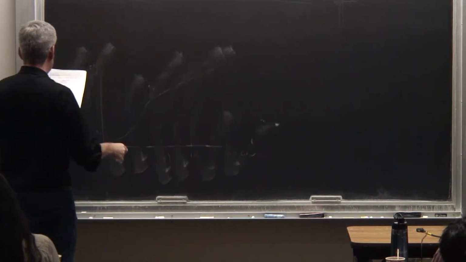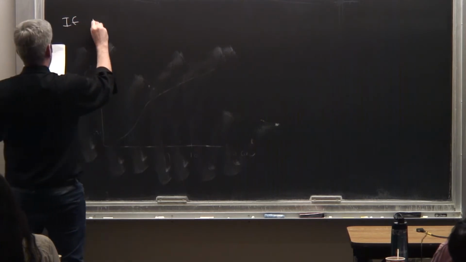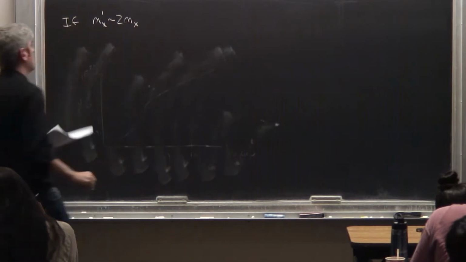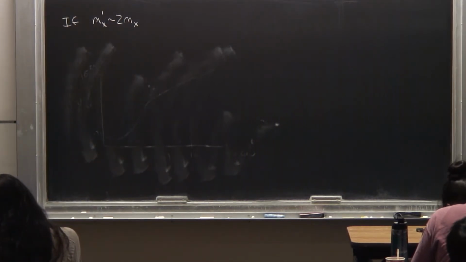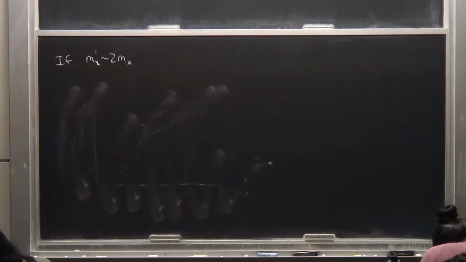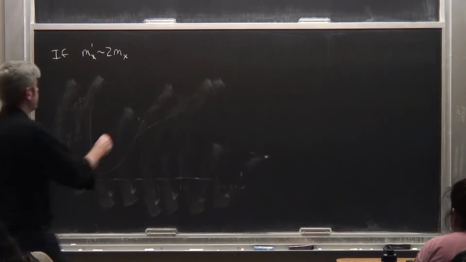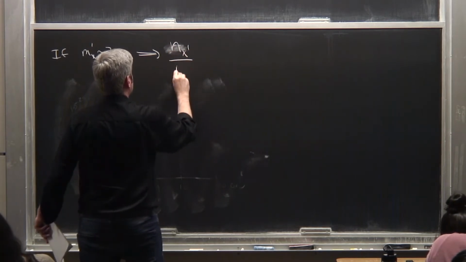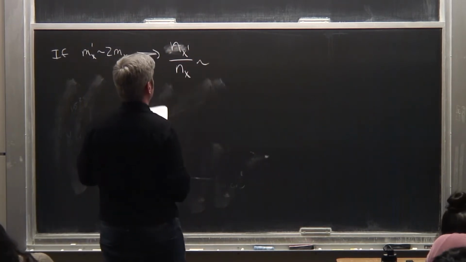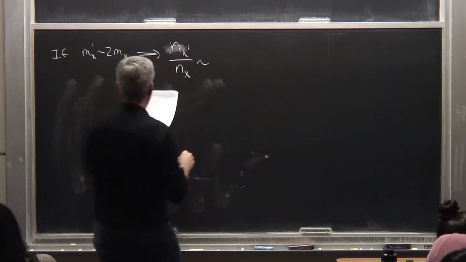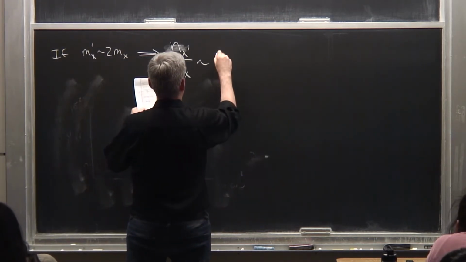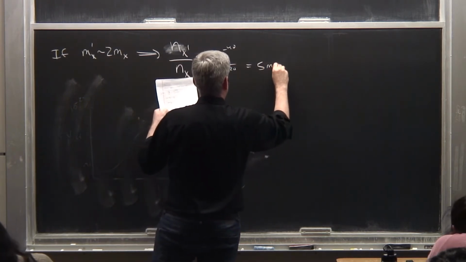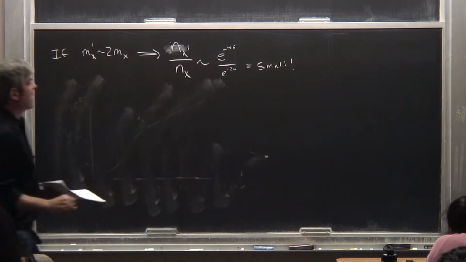Okay. So let's consider a couple of cases. Let's imagine one where the co-annihilating state is maybe twice as heavy as the annihilating state. Then putting in the 2 for that ratio up there, I have that this works out to something very, very small, like 10 to the minus 9.